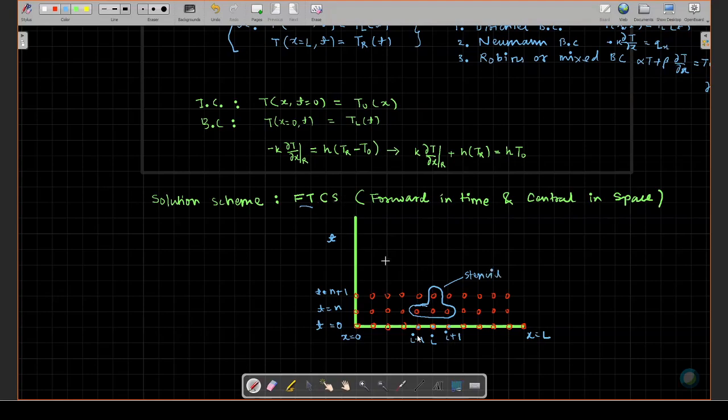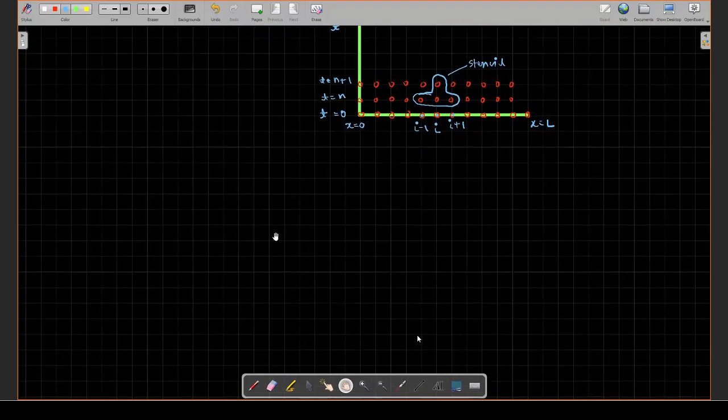Now with this stencil, if you discretize the equations, your discretized version of the equation will look like this. So forward in time means that the del t term, which is again calculated at the ith location, will be looking like this.